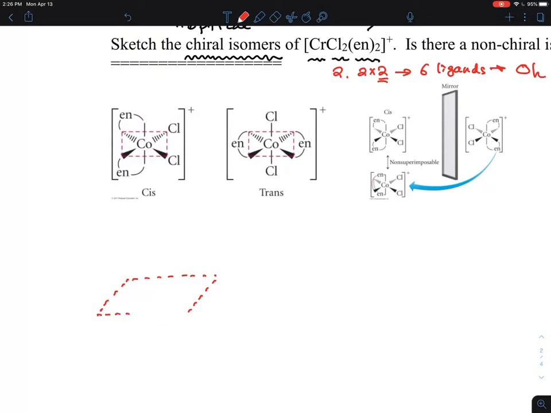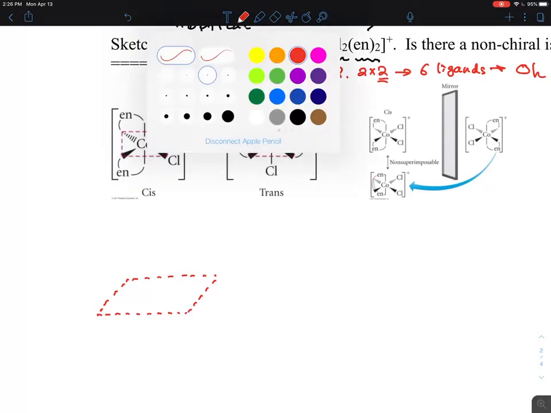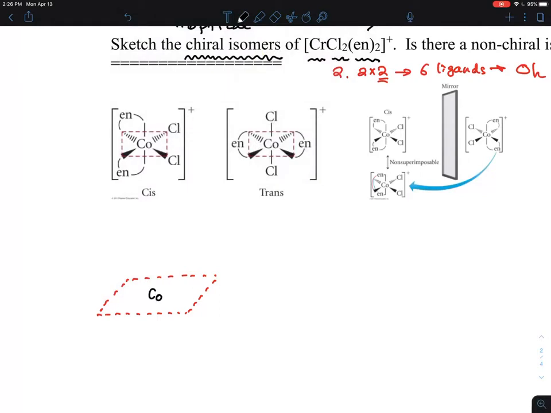Think about the plane, and think about the cobalt sitting right in the center. The one pointing toward you will be drawn as a wedge, and the one pointing away from you will be a dotted line. The one that is on the same plane is just a plain line.